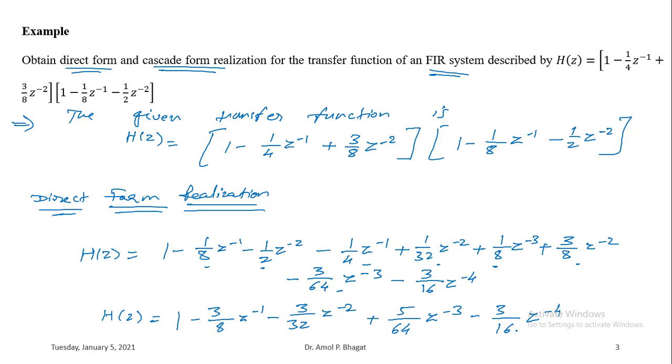Okay, so I'll just rewrite this equation on the next slide.